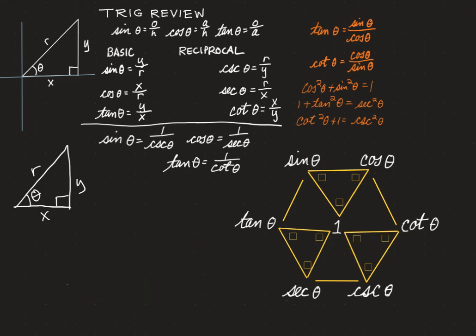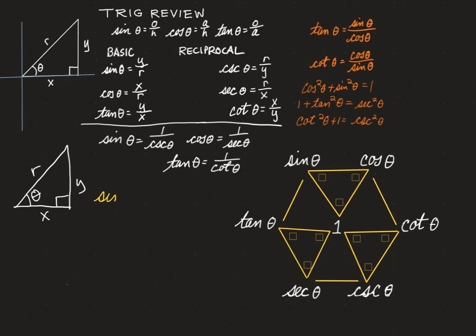But wait, there's more. Notice those squares inside those three triangles placed around that hexagon. What could they mean? That's a square, and that square is near the sine.